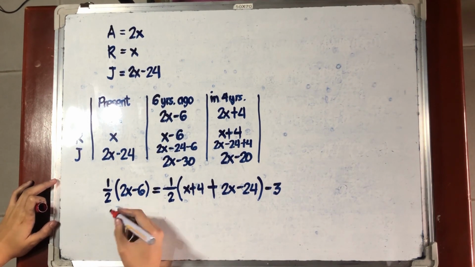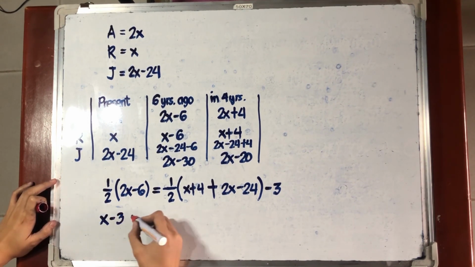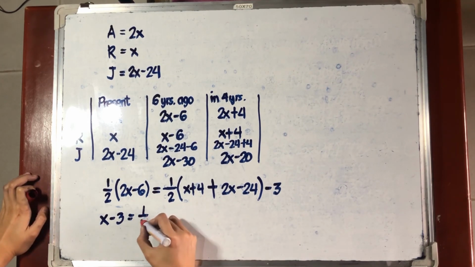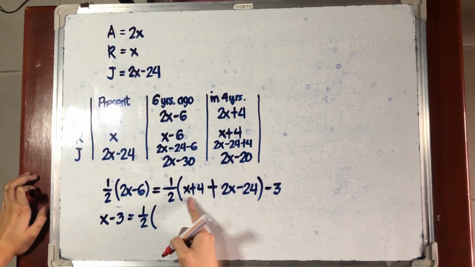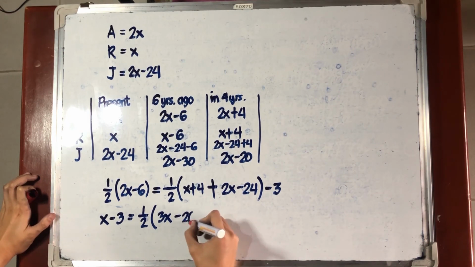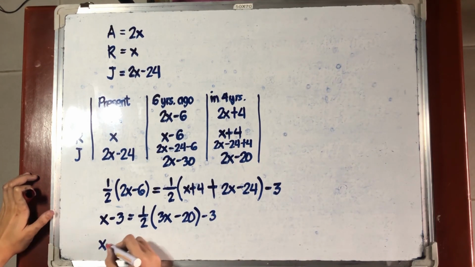Okay? So, 1/2 dito. Okay, diretsuhin ko na lang dito on this side. 1/2 times 2X is X. 1/2 times negative 6 is negative 3. Okay? Ngayon, add natin muna sa loob before we distribute 1/2. We have X and 2X here. That would give us 3X. And we have negative 24 and positive 4. That will give us negative 20. Minus 3 tayo sa labas.